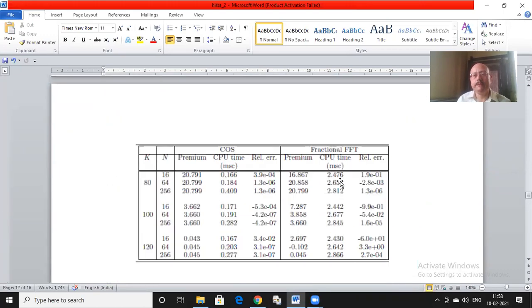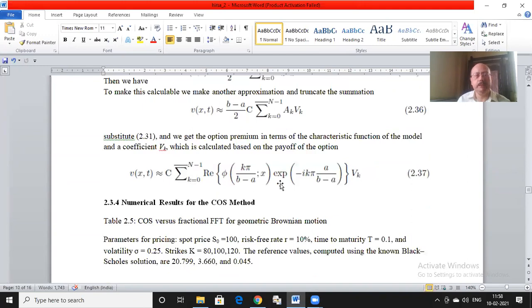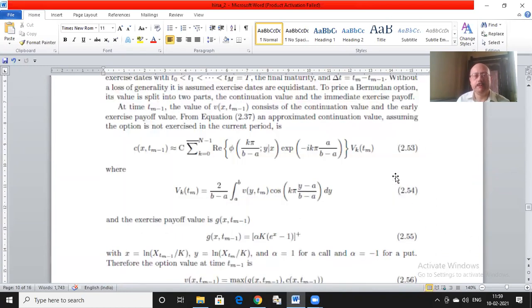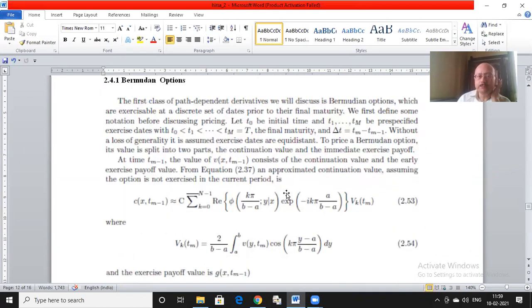So 237, this equation here, will be used for that calculation. How so? With 237, we try to find an approximated continuation value. What is a continuation value? Now suppose I do not exercise immediately.